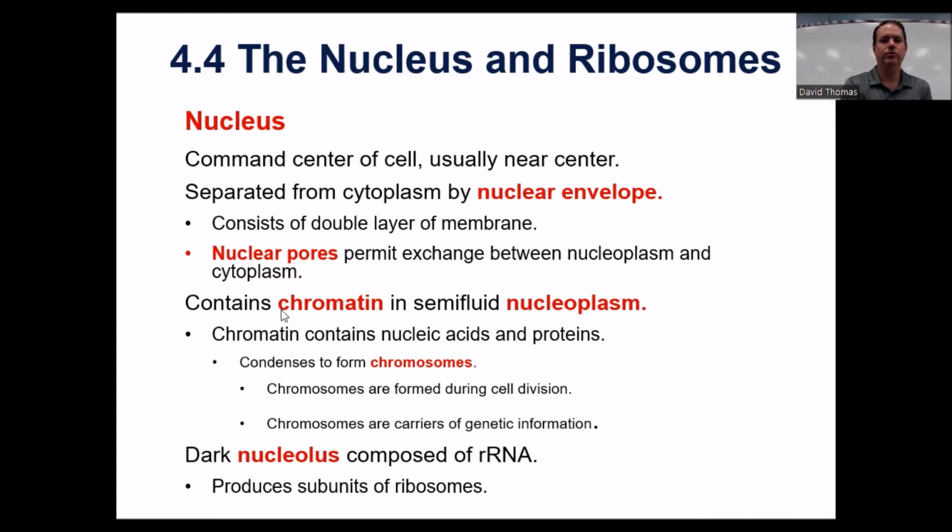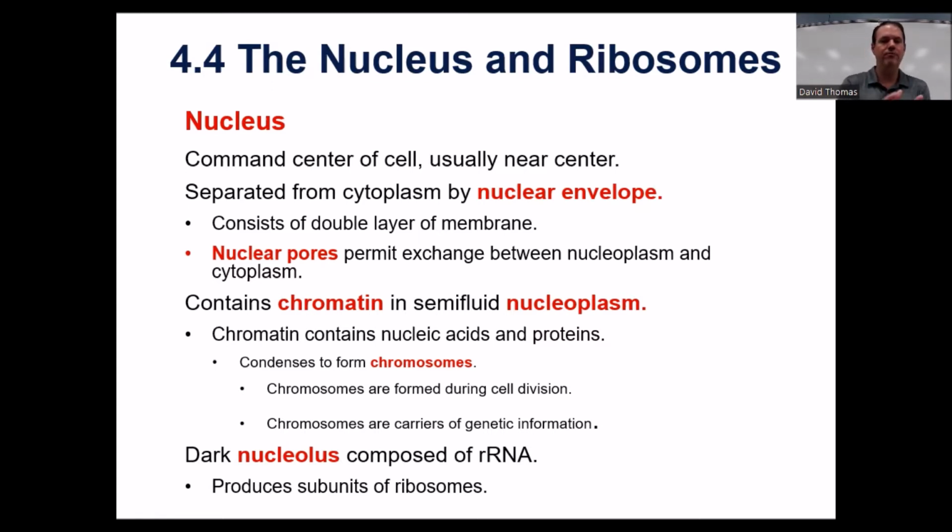And then you also see the word chromatin here. This is the word that is associated with the DNA and the proteins that are there. So chromatin is your nucleic acids, like DNA, but it also includes the proteins that make up that DNA, and that's a different chapter, but we'll talk about that later.